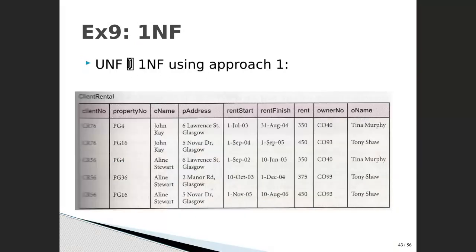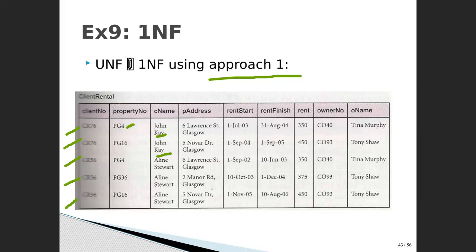Let's see how the table, or the relation, will look. So this is the first normal form using approach number 1, which is flattening the table. It becomes a single value for each occurrence of an attribute, but you will find that there is redundant data.